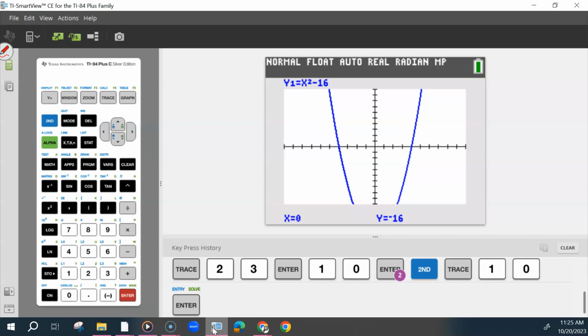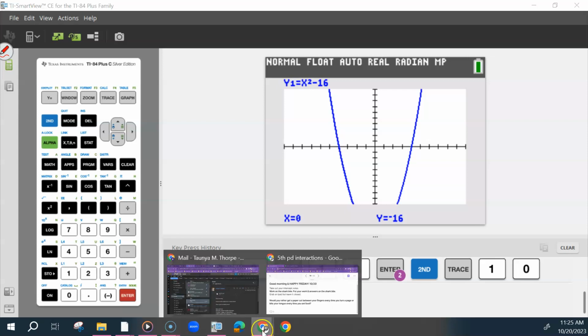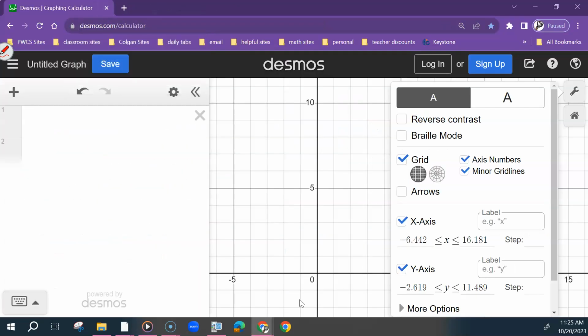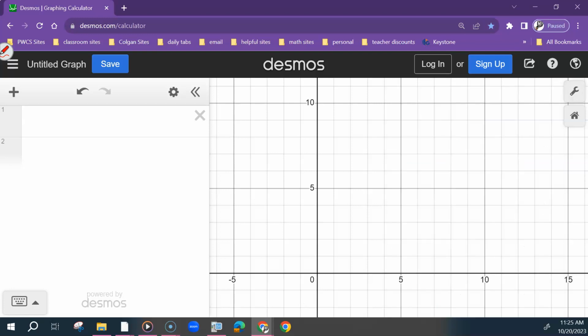Now I'm going to show you in Desmos, so open up your iPads to Desmos. And we'll do one of these, so you guys can choose numbers 2 through 10. Pick one of those.